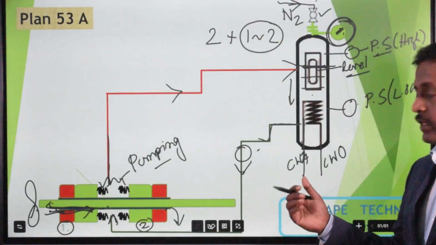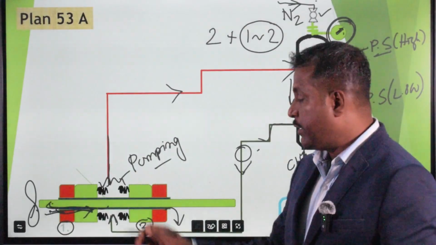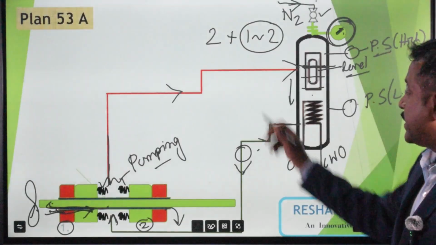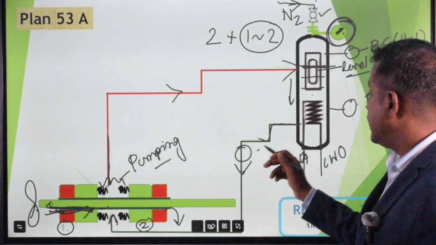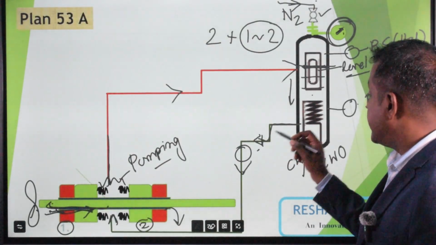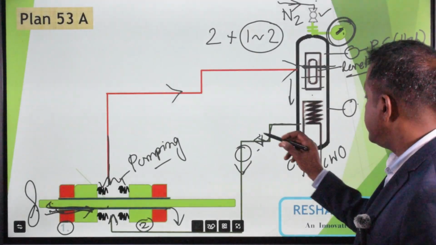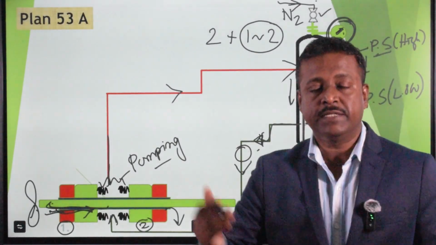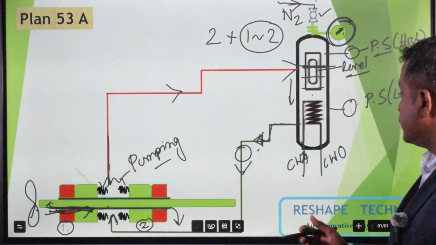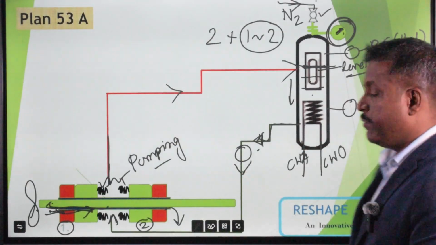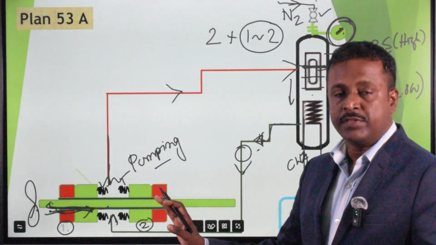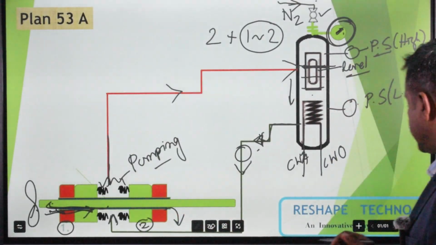If the cooler is not working, the high temperature liquid may deteriorate your seal life. So if the temperature difference is not there, that means you have to stop the pump and send the pump for maintenance. So that is the main basic of any 53A seal flushing plan.